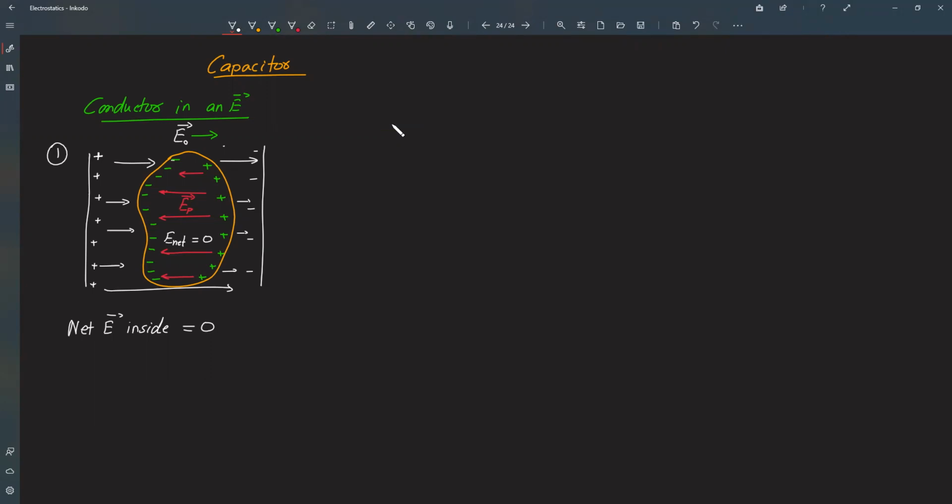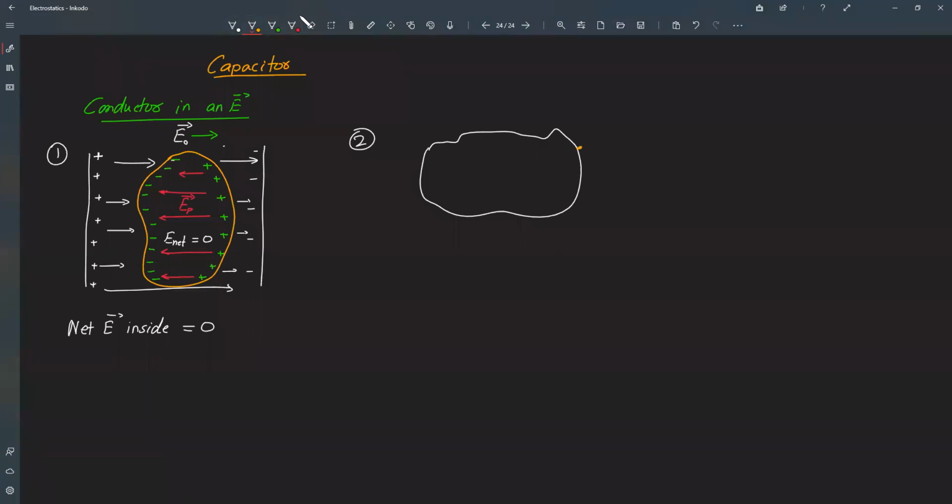Second is, if you have a conductor of any irregular shape as well, the electric field just outside the charged conductor, let's say for example you are finding the electric field at this point, right?